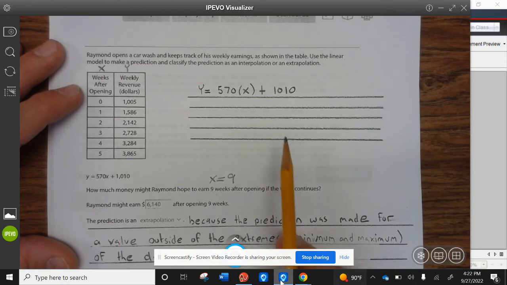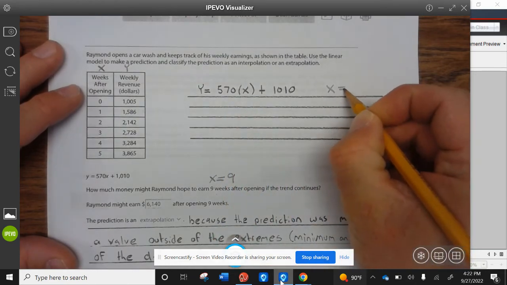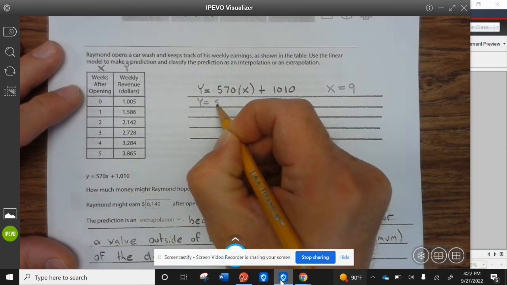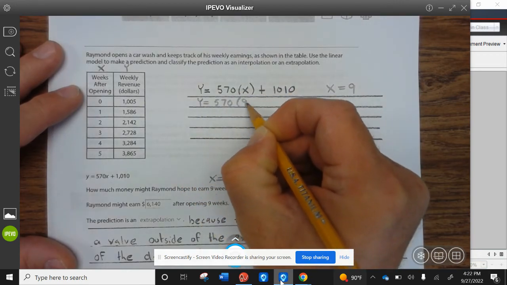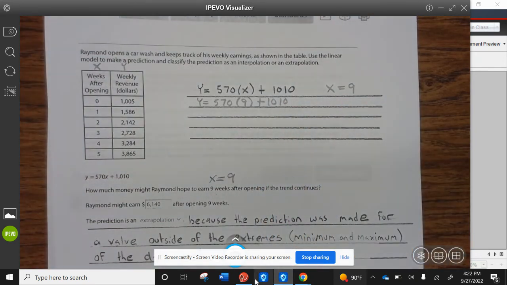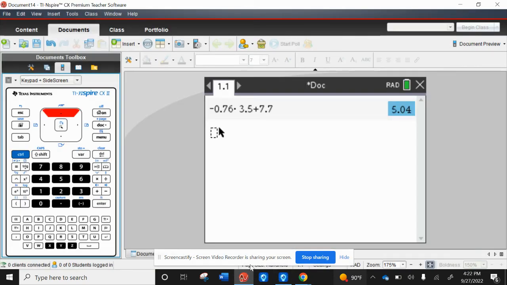Okay, so we're given the equation. We know X equals 9, so we're going to plug that in for X. So we have Y equals 570 times 9 plus 1010. So again, we'll use our calculator. So I can just go up and delete that one. And then we're going to do 570 parentheses 9 plus 1010.